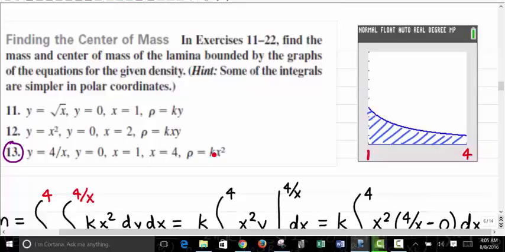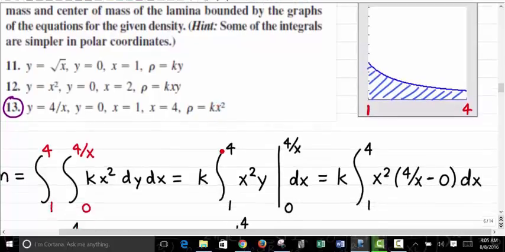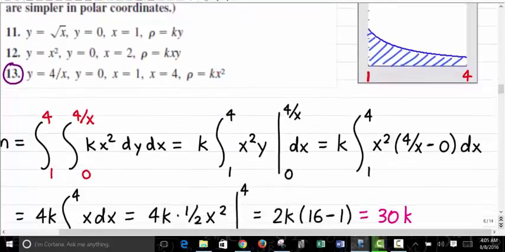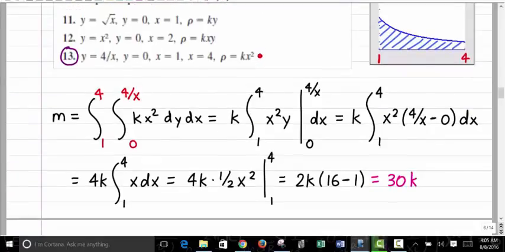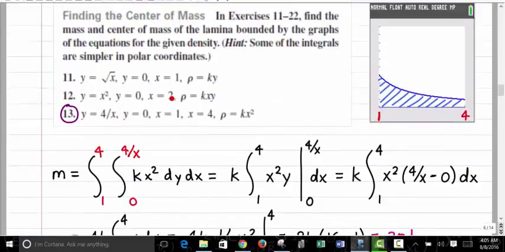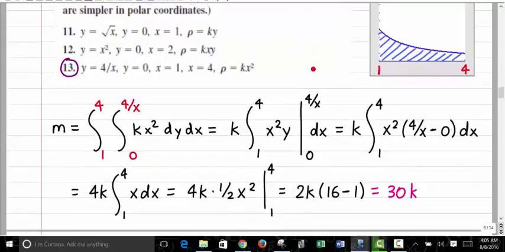All right, and then we have a k back in there, kx squared. So let's look at it. I'll go dy dx again. So it's going to go from 0 to 4 over x vertically, dy. Then x must be numerical, so it's going to go from 1 to 4.